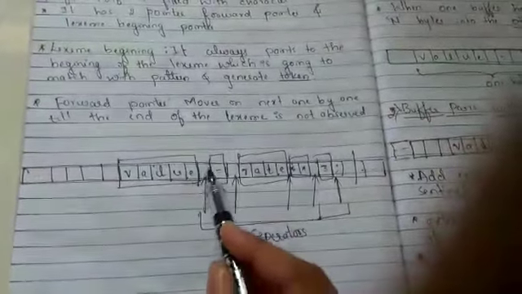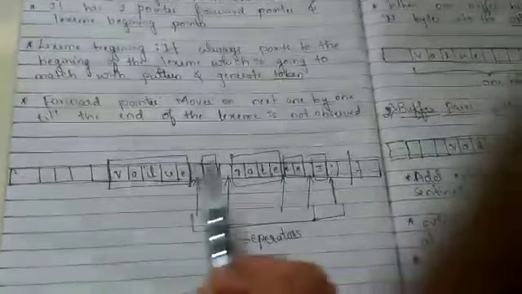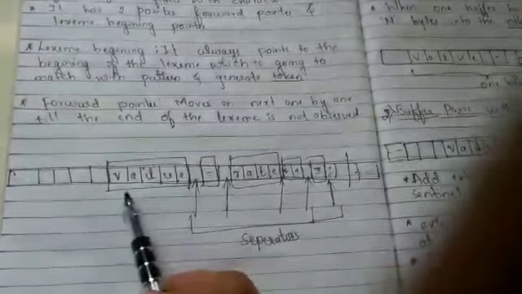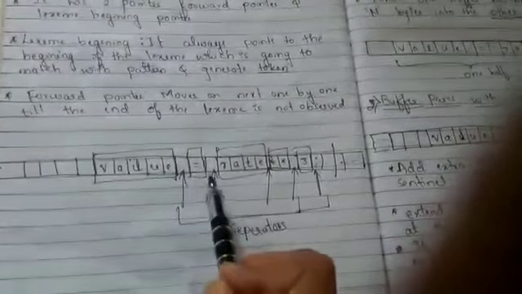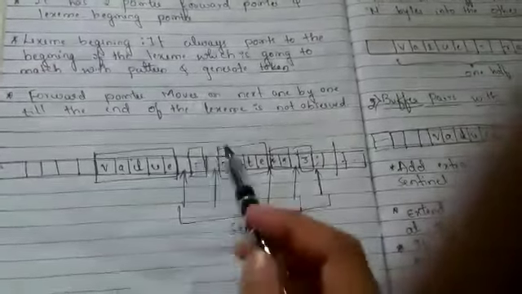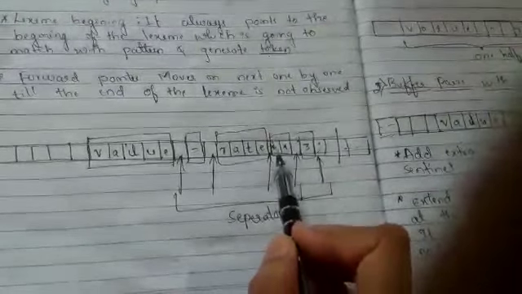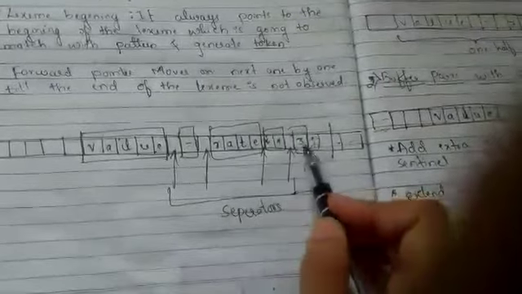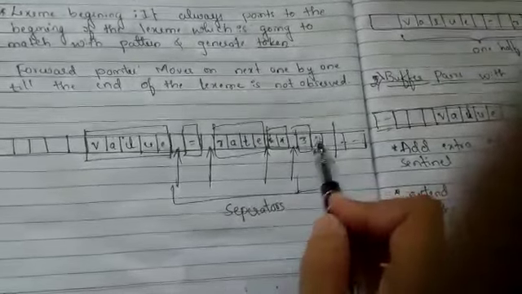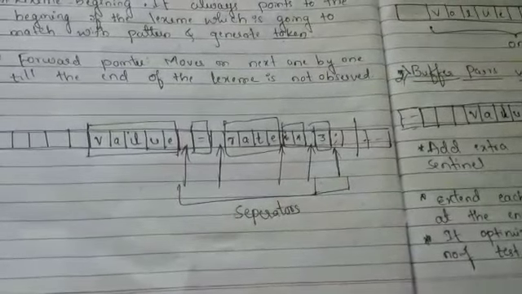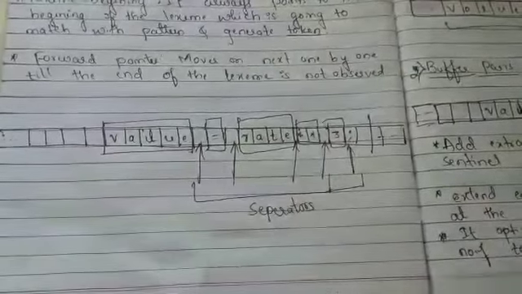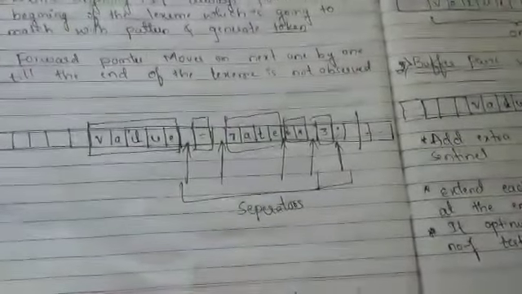Now here we are having separators. The buffer has this particular equation with some separators. After value we have one separator, after equal to one separator, after rate one separator, after star one separator, and after 3 we have a semicolon. The semicolon indicates the end of the statement, so it also acts as a separator. The forward pointer moves on one by one till the end of the lexeme is observed.